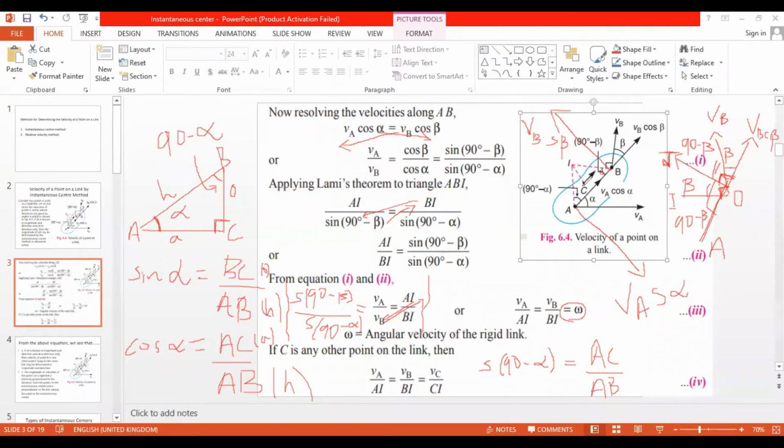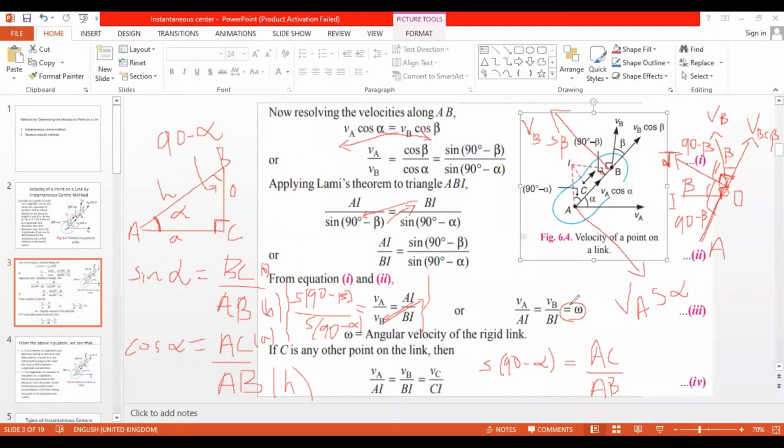The point's velocity is VC, another different velocity and different point. But in the end, we will have the same angular velocity. All right. So VA upon AI will be equal to VB upon BI, which will be equal to omega, right?